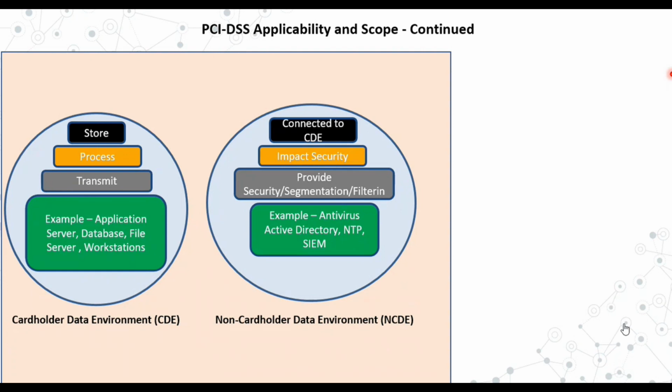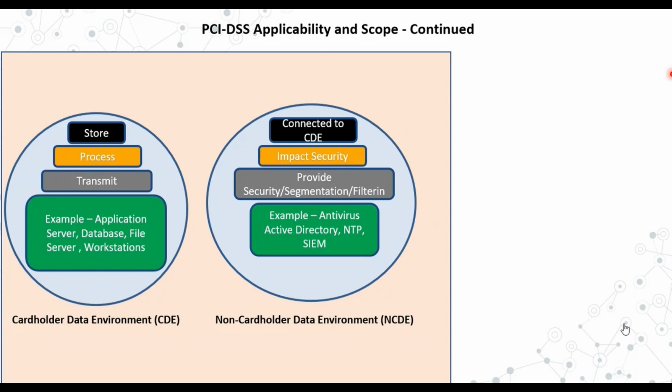Now, in the next slide, there is another interesting part. We are talking about all the ideal scenarios, but there are other things which also impact this thought process. To take your question, not all the security systems will fall under scope. There are ways through which you can scope them out. Here QSAs or consultants play a major role.